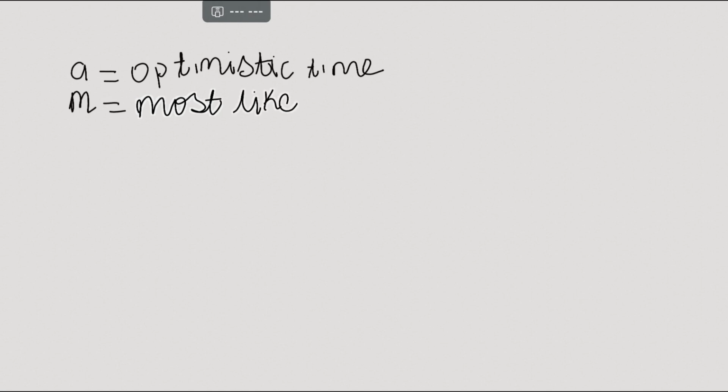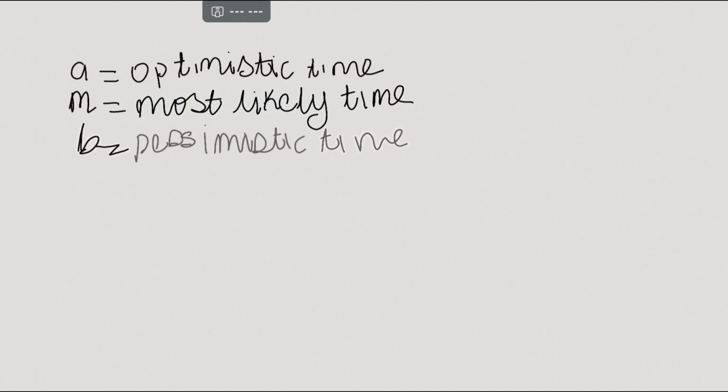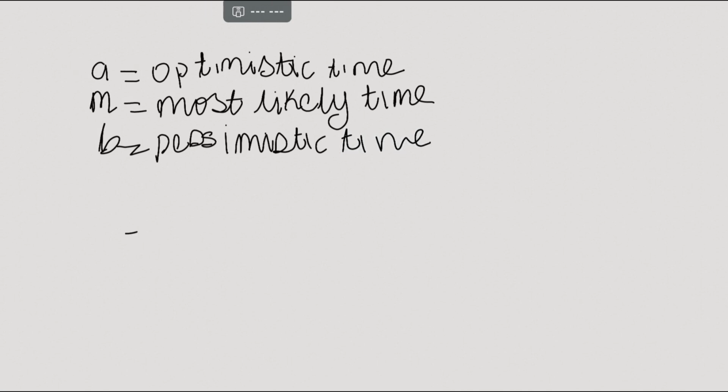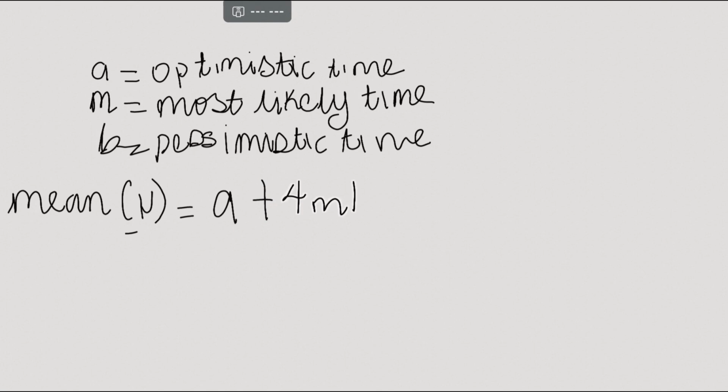And B represents the pessimistic time. So how does this work? We're going to use A, M, and B to calculate the mean. The mean is calculated as A plus 4M plus B all over 6.